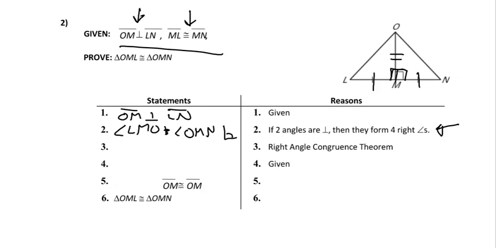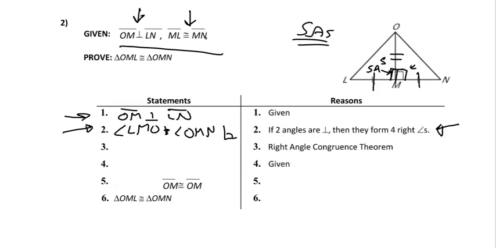Instead, what we're going to do is we're going to use the right angles as congruent angles, and then we'll have an S, an A, and an S. So we are actually going to do this by SAS rather than by HL. We do have the legs, but we don't have the hypotenuses, so we can't do HL. So we state that these are perpendicular, therefore the angles are right.